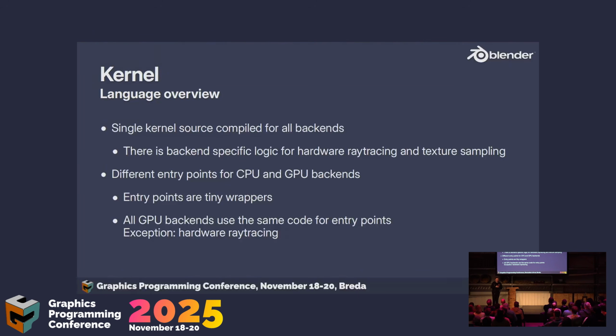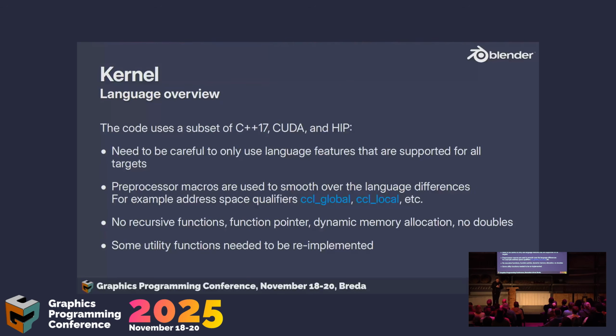There is quite a bit of preprocessor magic going on to mitigate the differences between how different backends expect things to be defined, but overall it doesn't look that verbose at all. For the language, we use basically a subset between C++17, CUDA, and HIP.